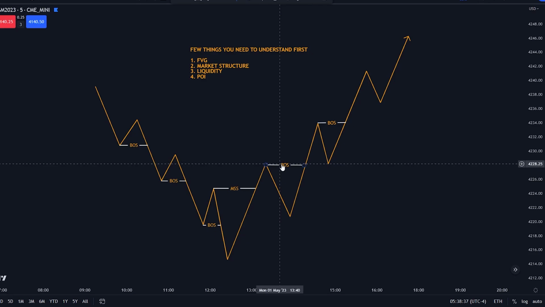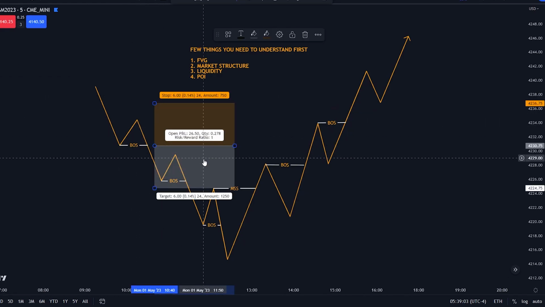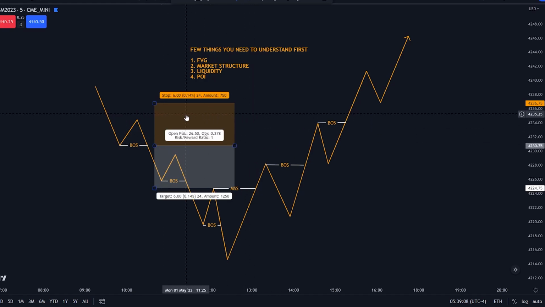So now we can stay on this chart too for the liquidity. You need to understand liquidity. In very simple terms, liquidity is basically where the stop losses are and buy stops and limit orders. So imagine you're going short here, right? So where would you put your stop loss?